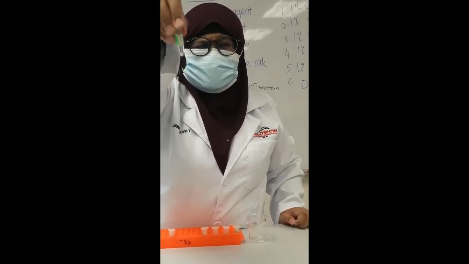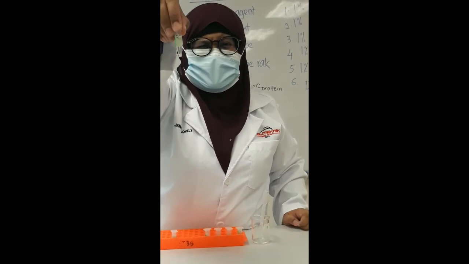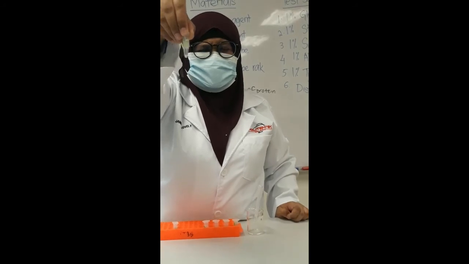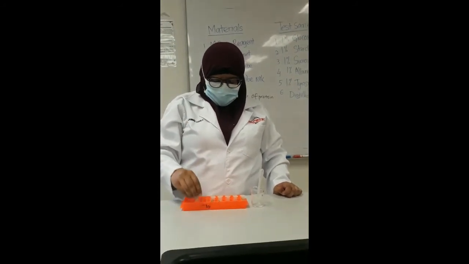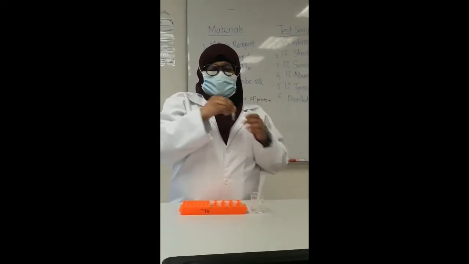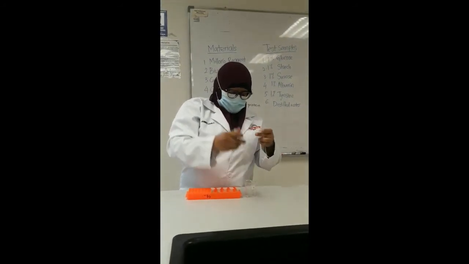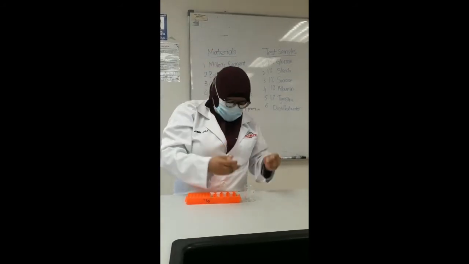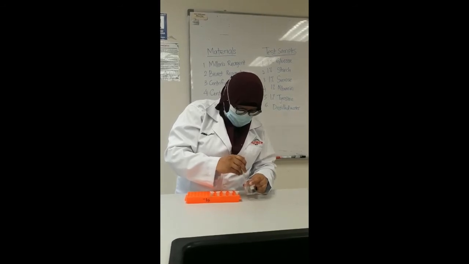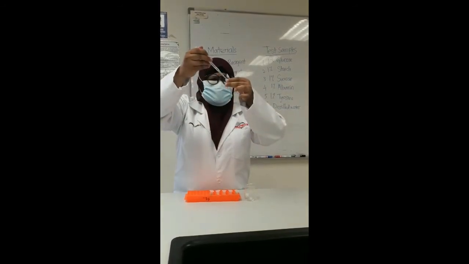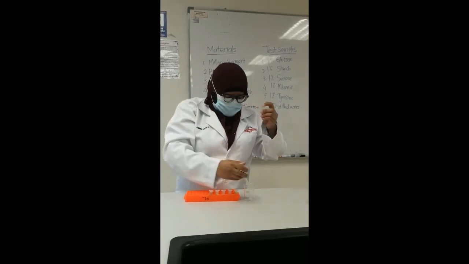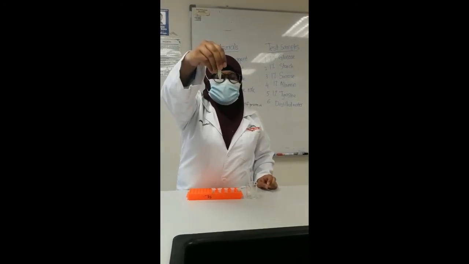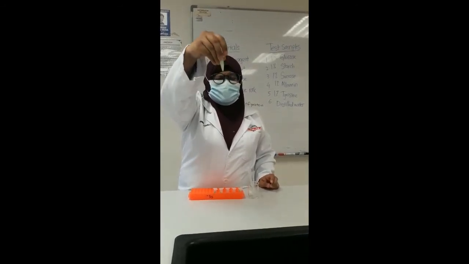This is the result after I add 2 drops of Millon's reagent into tyrosine. Next will be distilled water. I will add 2 drops also. This is the result after I add 2 drops of Millon's reagent into distilled water.